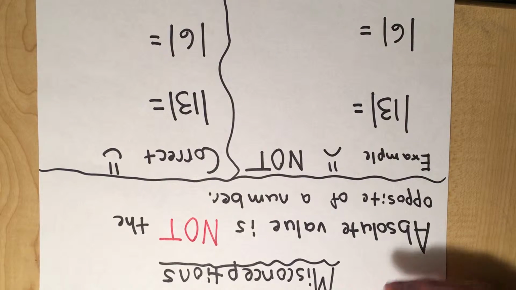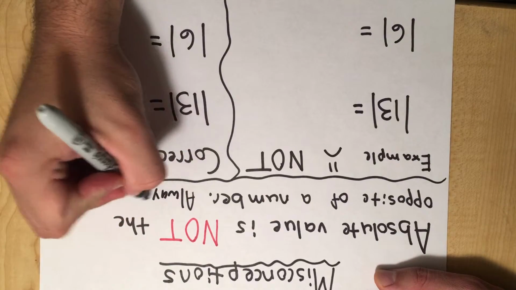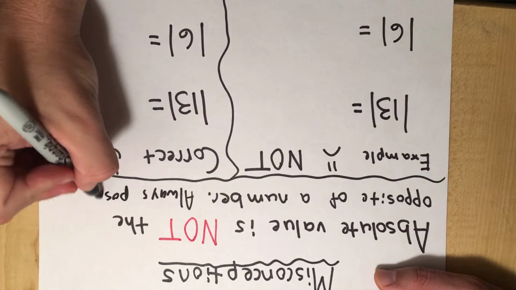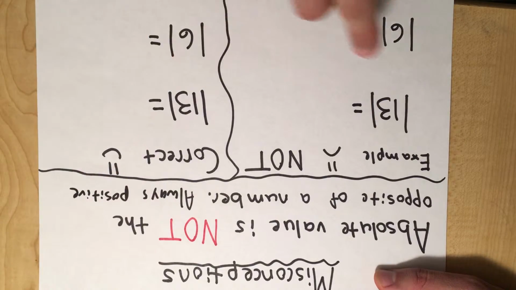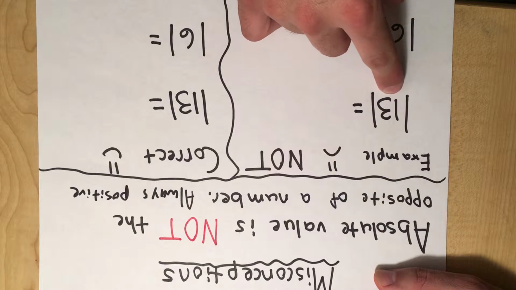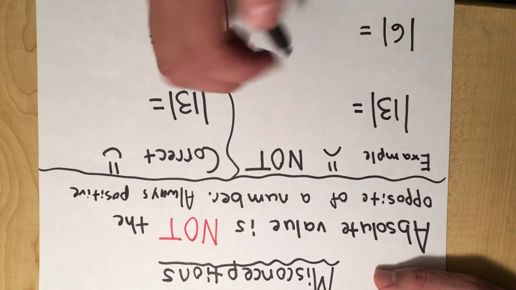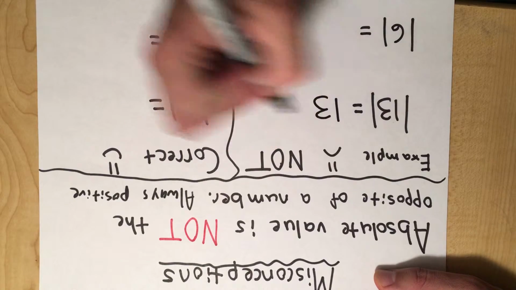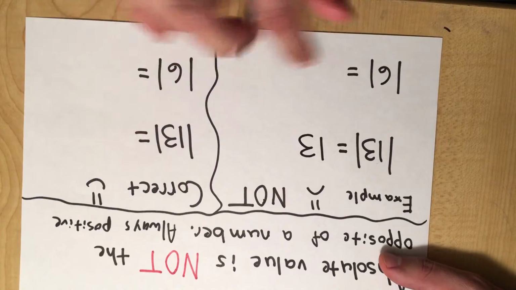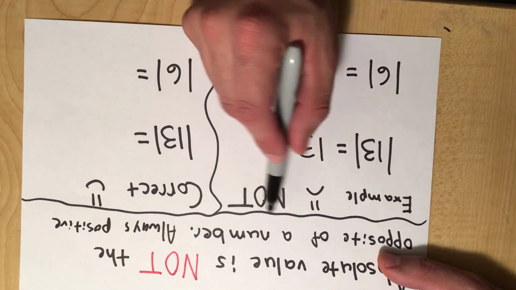The absolute value, according to what we just learned, is always, all the time, positive. So if we were to ask the absolute value of 13, how far away is it from zero? How many units? It would be +13.